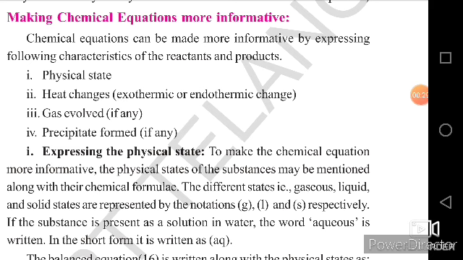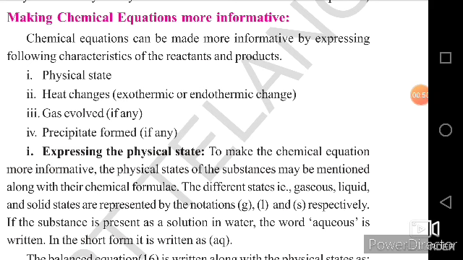So for gas, examples are CO2, carbon dioxide, CO, carbon monoxide, H2, hydrogen gas, and N2, nitrogen gas. And for liquids, all acids, salt solutions, water, obviously. Next, all carbonated drinks.